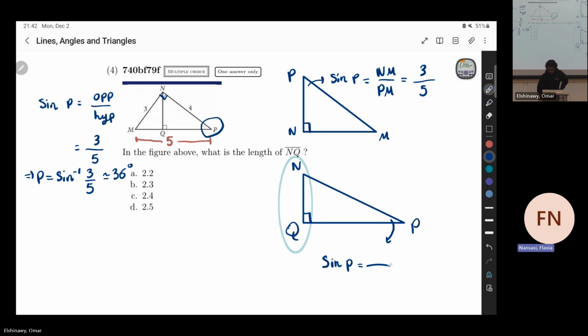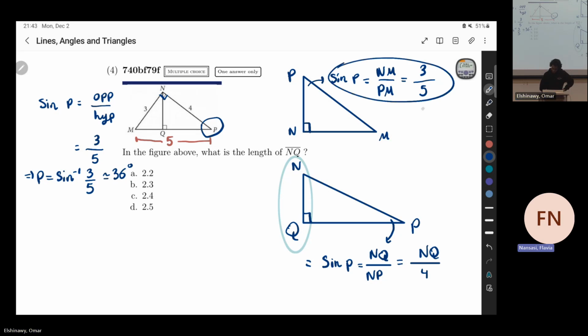That's NQ over NP, which is the hypotenuse. NP is 4, and NQ is what we need to find.